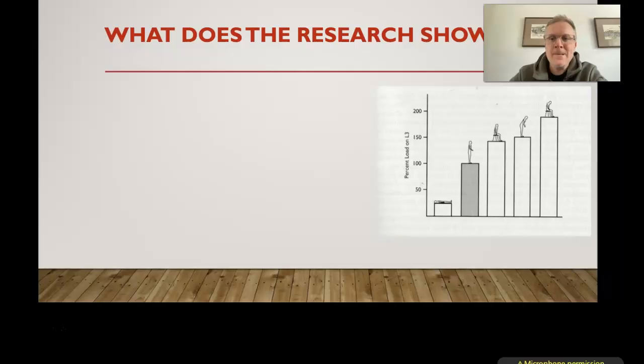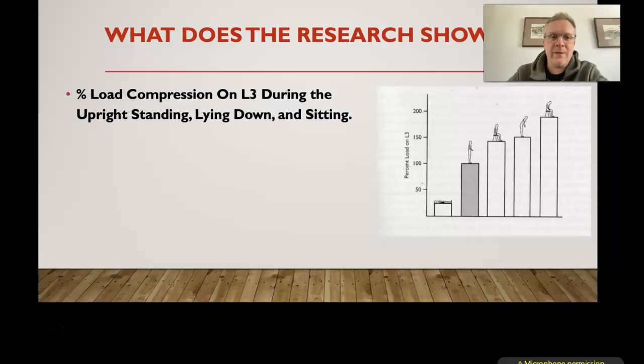Okay. One question that I would probably ask in the class is, which position do you think is the worst in regards to the back and more stress on the back? There was a study that was done looking at the percent of load compression on L3, so very specific, but L3, lumbar spine, during upright standing, lying down, or sitting.